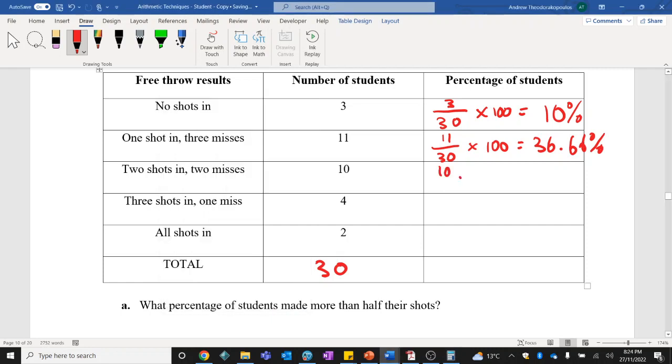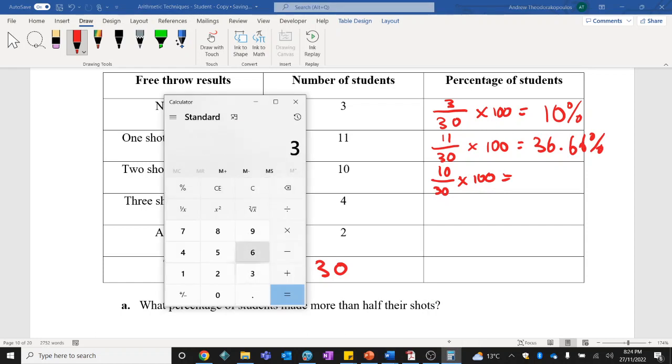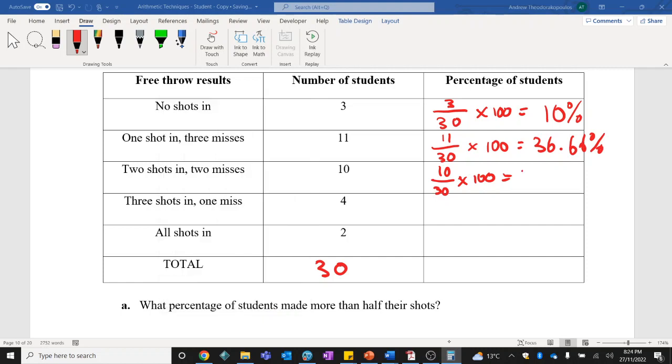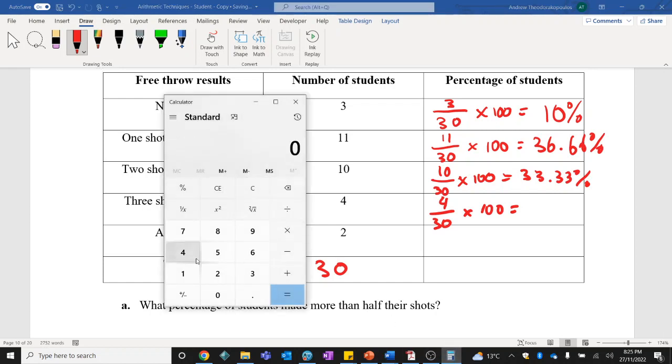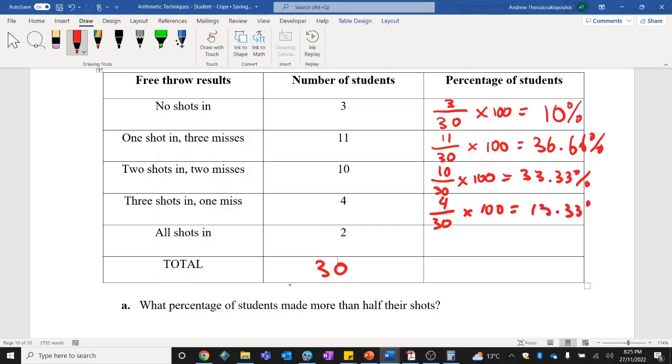10 students got 2 shots in, so 10 out of 30 times 100, and that should give me 33%, but let's double check. 10 divided by 30 times 100, 33.33. 4 students got all 3 shots in. 4 divided by 30 times 100, 13.33.